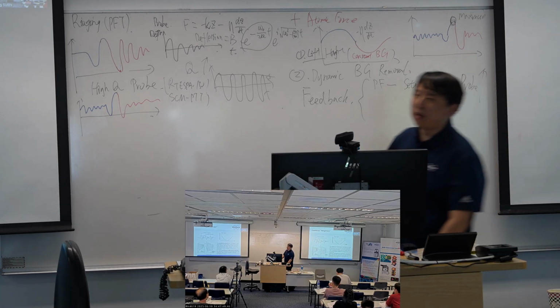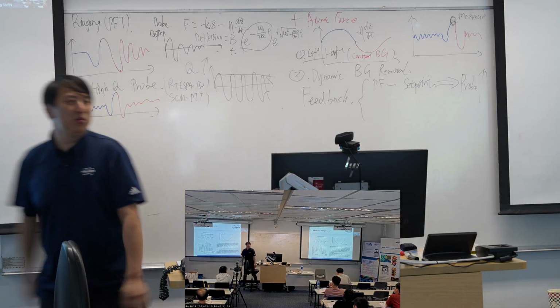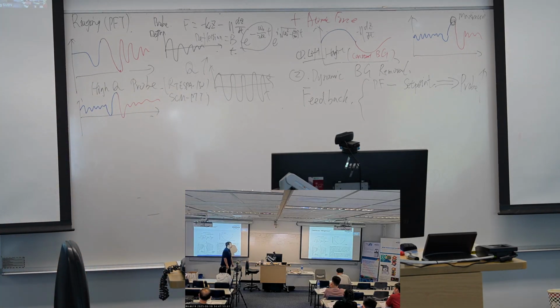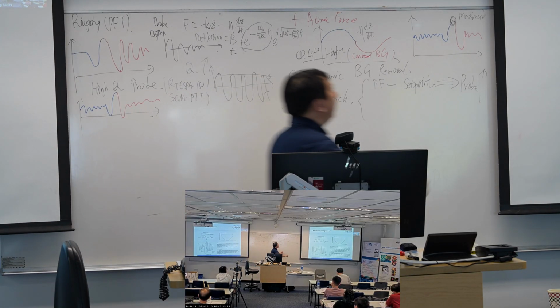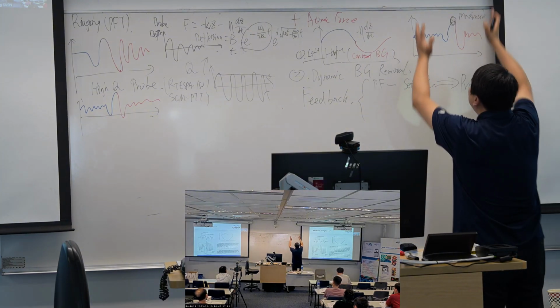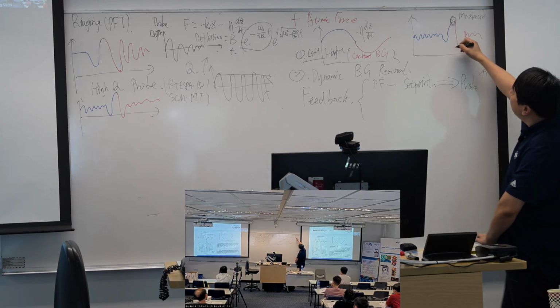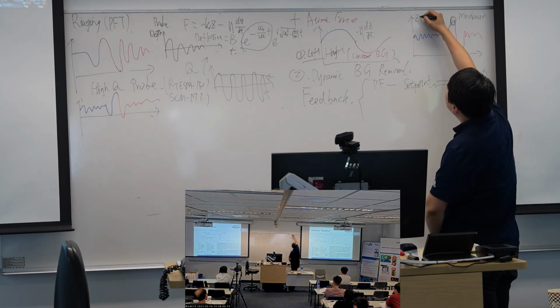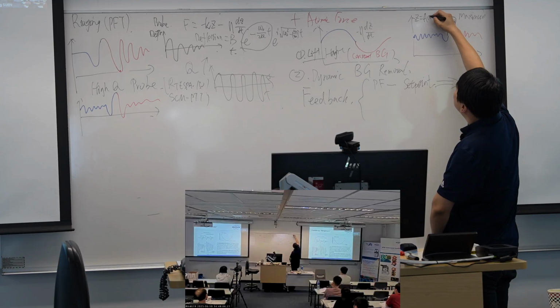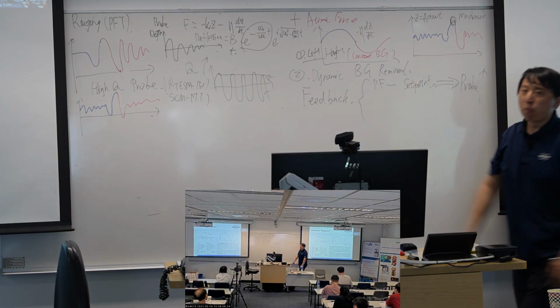So Bruker chose a smart way, or you can say a lazy way. Inside one period, z equals a cosine omega t.